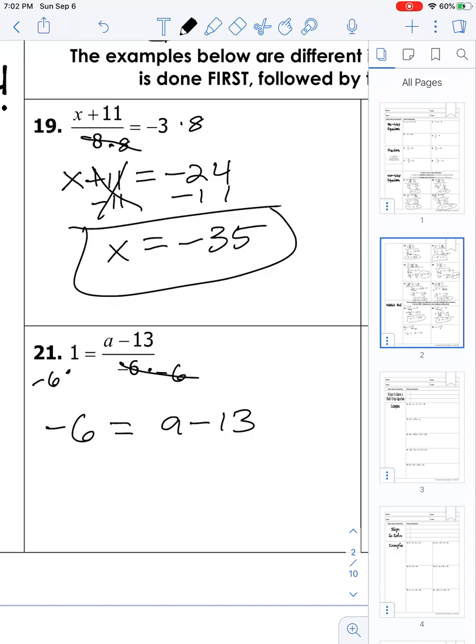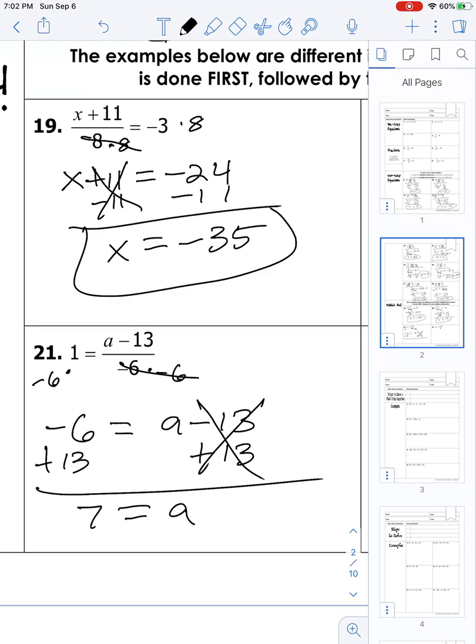Now, we were solving for a, so we need to get rid of the -13. How we get rid of it, we need to do the opposite. So we're going to add the 13 to the other side. That way it cancels out. -6 plus 13 is positive 7 equals a. And that's our answer.